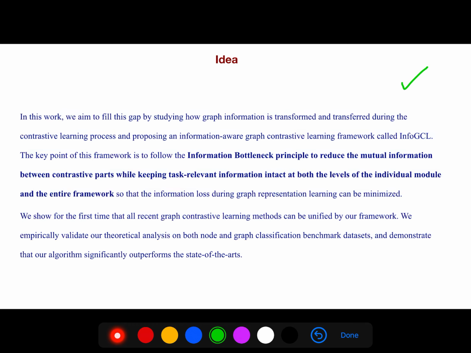The key point of this framework is to follow the information bottleneck principle to reduce the mutual information between contrastive parts while keeping task-relevant information intact, at both the levels of the individual module and the entire framework, so that the information loss during graph representation learning can be minimized.